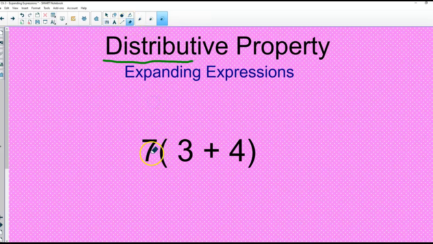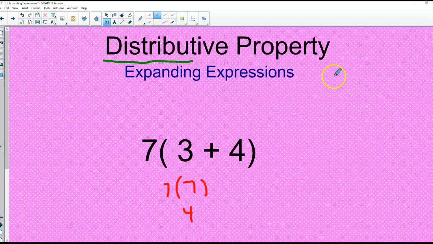If you look at the problem below, I think most of us, as we would go to solve this, would say, well, I've always been told I have to do parentheses first. So 3 plus 4 is 7, right? And then 7 times 7 is 49.